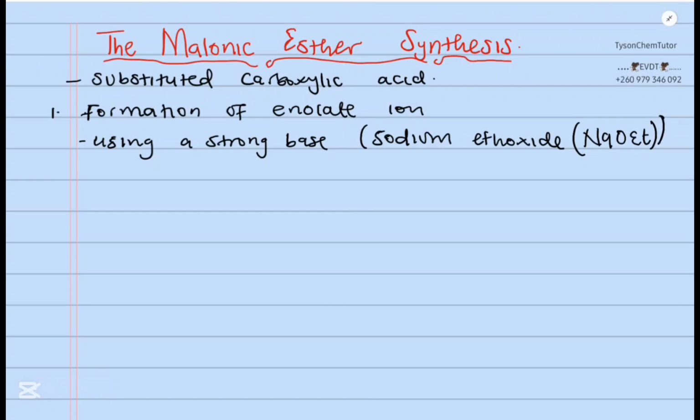Step number 2 is one of the most important steps. This step is alkylation. When an enolate ion is formed, it reacts with an alkyl halide. So once the enolate is formed, the same enolate ion reacts with an alkyl halide.